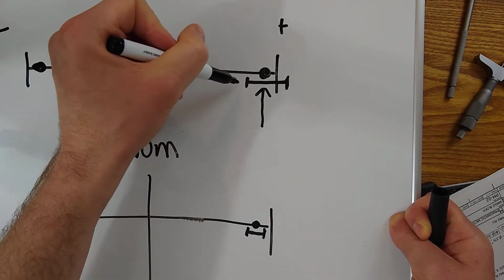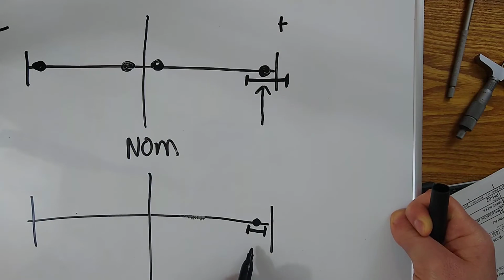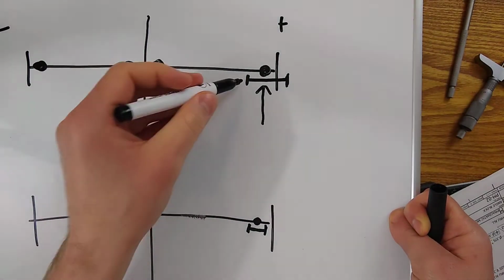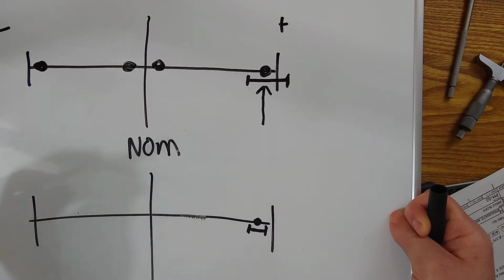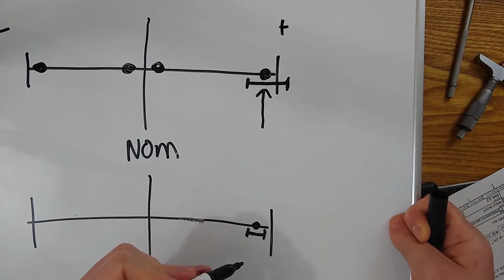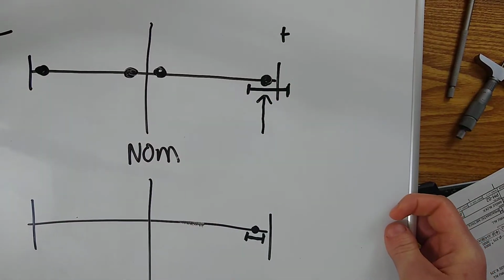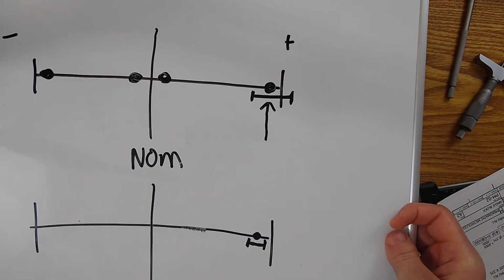So this might be going from a caliper to a micrometer. It could be going from a steel rule to a caliper. It could be going from a micrometer to a CMM. It could be going from many different steps in accuracy.